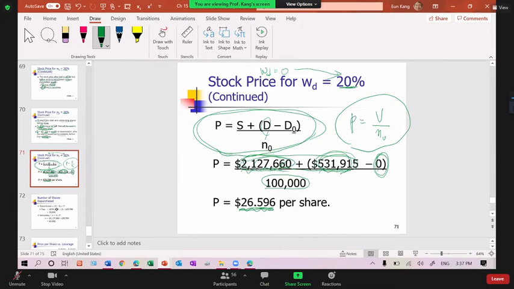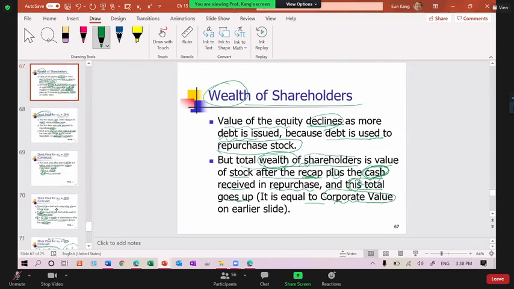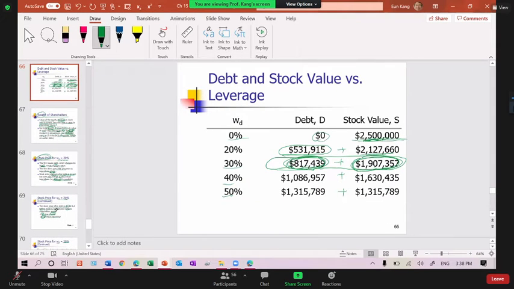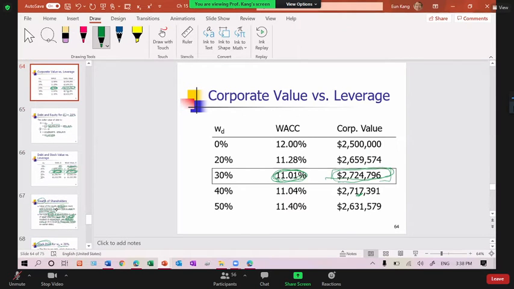But from 0 to some percent, it's just total value over N0, right? That is this. Like this, 20%, not this one. Corporate value, like this one. 20% corporate value is this, right?